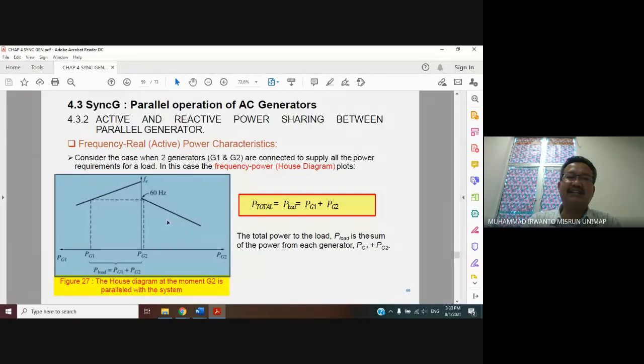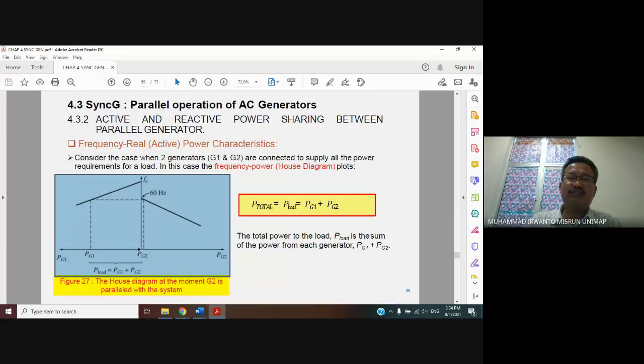Now for this condition, let us call here Fe the system frequency, and this one is generator 2, sharing to serve the load, where the total load is given by PG1 plus PG2. PG1 is the real power for generator 1 and PG2 is the real or active power for generator 2.